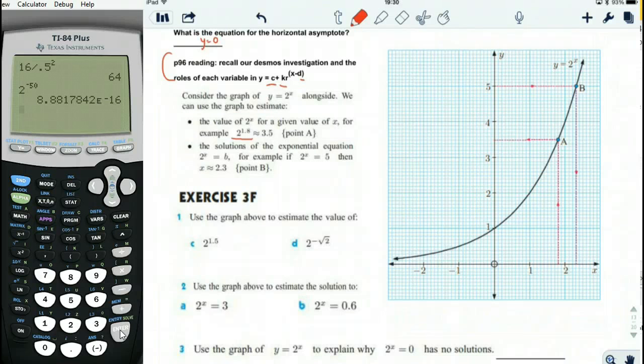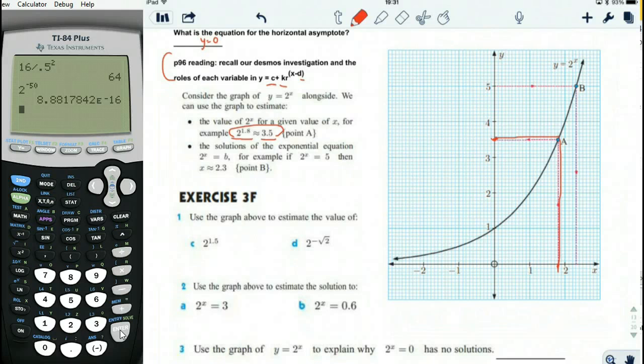So we use the graph. We find 1.8 on the x-axis, trace it up to the graph, then go over to the y-axis, and we see that it's about 3.5. So 3.5 is a solution for that.